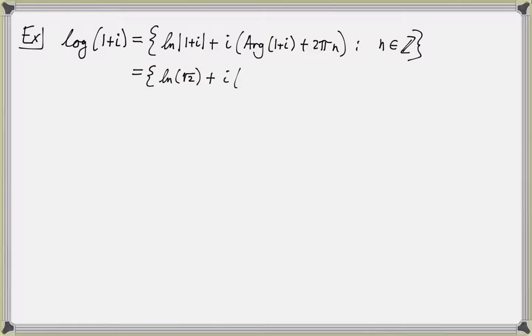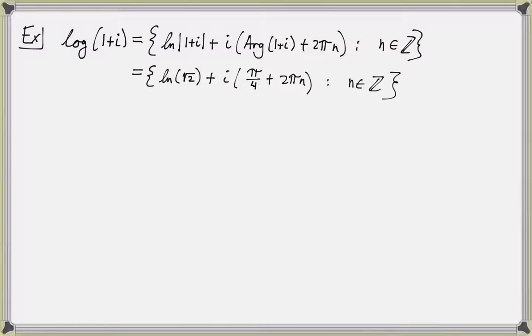Well, the principal value of the argument of 1 plus I would be pi over 4. And so we get pi over 4 plus 2 pi n, such that n is an integer. So the log of 1 plus I would be equal to the values natural log of root 2 plus I times pi over 4 plus 2 pi n.